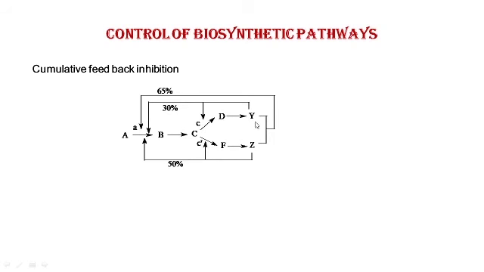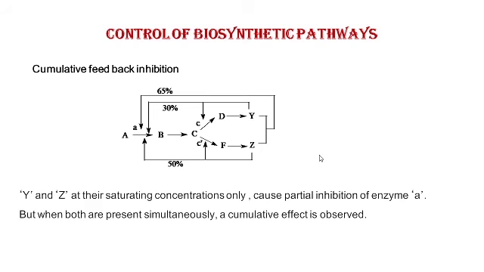Here you will see that overproduction of Y will affect only 30% activity of A, whereas overproduction of Z will affect 50% activity of A in converting A to B. But if Y and Z both are overproduced, then together they will affect a higher percentage of activity, that is 65% activity of A, which will hinder the conversion of A to B and the further stages in this particular type of feedback inhibition.